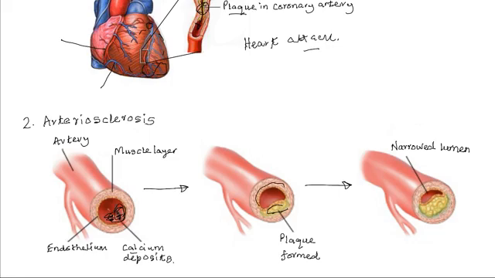The wall, particularly in the arteries, loses its elasticity. And with the loss of elasticity, this will increase the resistance to blood flow, leading to overworking of the heart. So as the lumen becomes narrower and narrower, there will be other complications such as heart failure.